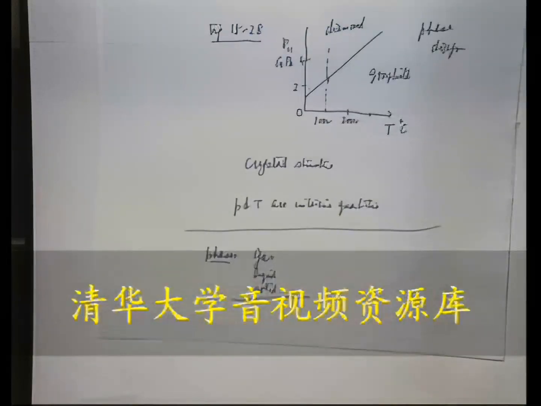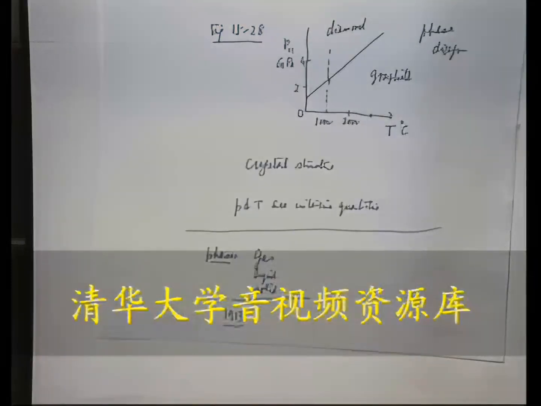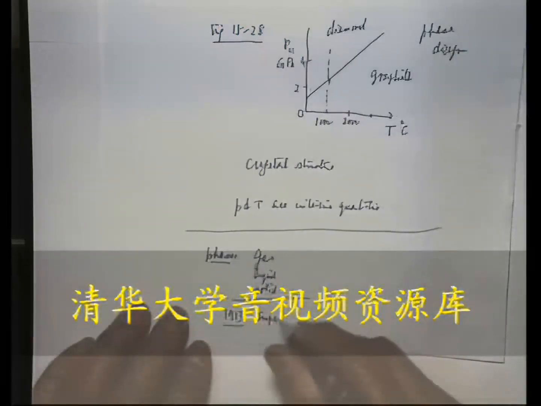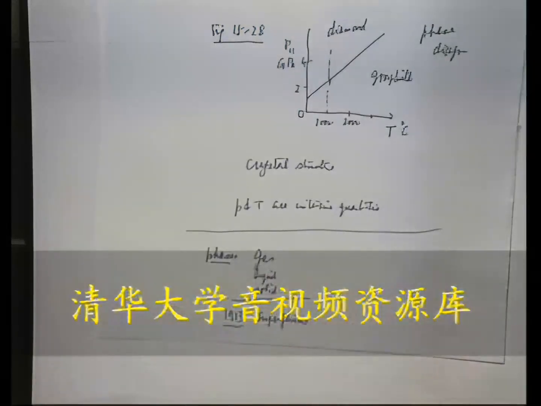In 1913, there was another discovery, namely that you can have superfluids. There was a phase transition.